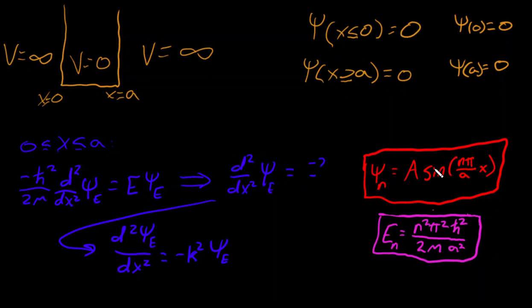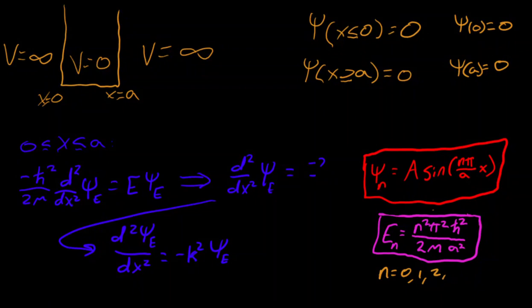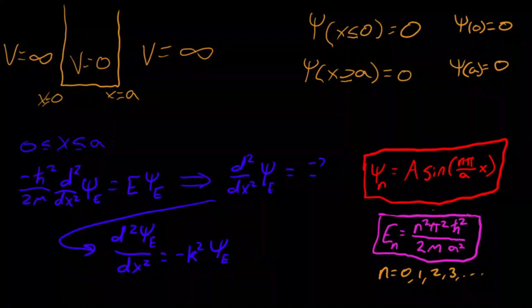So whatever value for n you plug in, where n is 0, 1, 2, 3, and so on, this is our energy quantum number in this case. It's not the same as for the hydrogen atom, but it's a very similar idea.